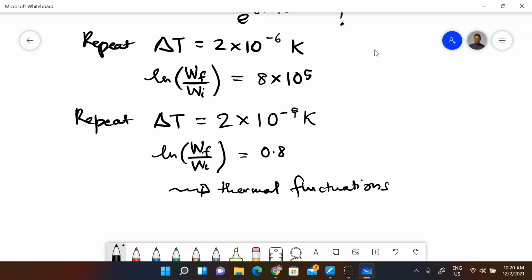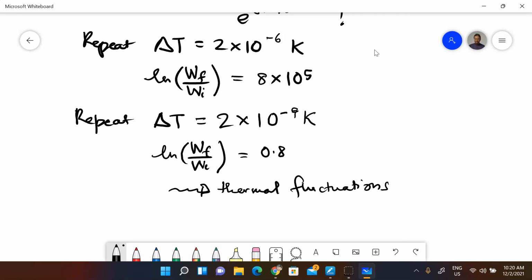And you can also have a feeling that at this kind of minute or tiny temperature differences, things can fluctuate. That means things can also return back to the initial condition of the thermodynamical state.